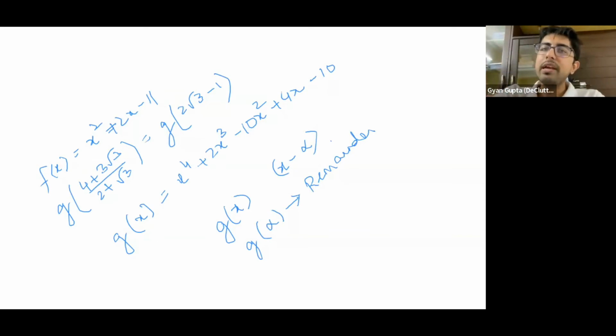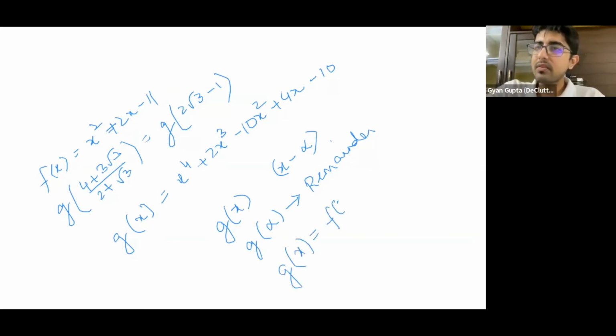So it's like dividing this equation g of x by x minus 2 root 3 minus 1. However, if you notice, f of x has one of the roots as 2 root 3 minus 1, which was given to us. So is it possible for me to write g of x is equal to f of x into some other function p of x plus r of x?